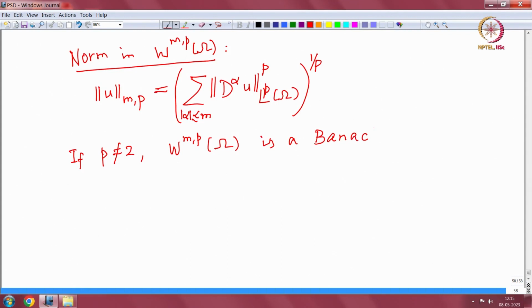Of course, this needs some work, but it is not difficult, because we already know that Cauchy sequences in L^p space converge to some L^p function. Use that and you get that this is a Banach space, and when p equal to 2, now I use that H^m omega is a Hilbert space.